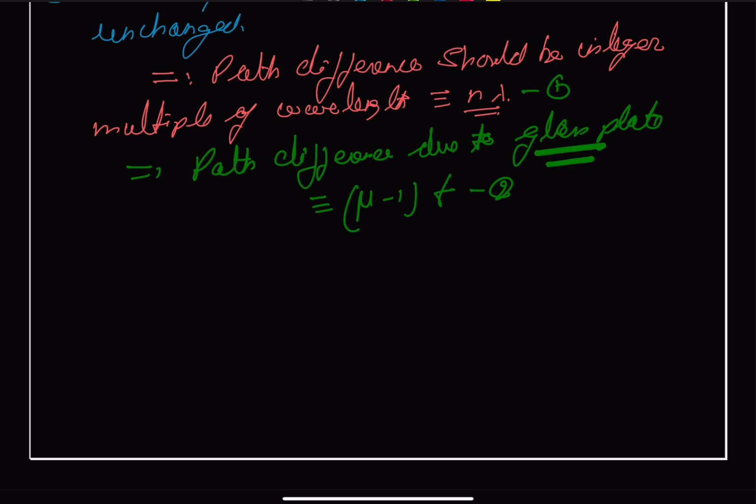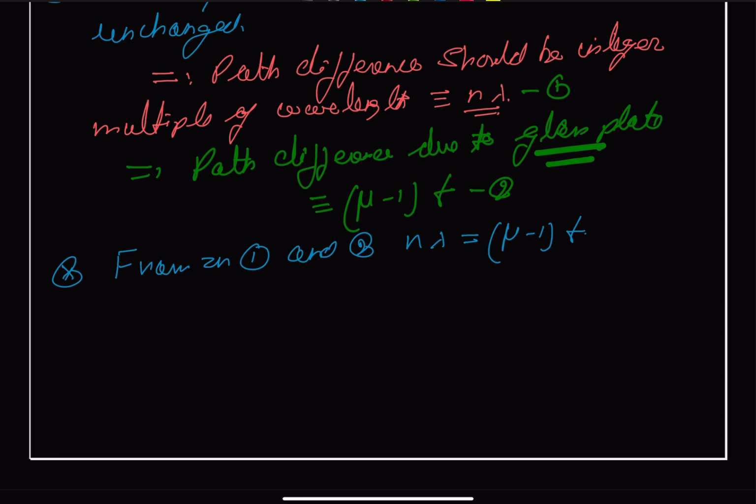So from equations 1 and 2, n times lambda should be equal to mu minus 1 multiplied by t, where t is the thickness.